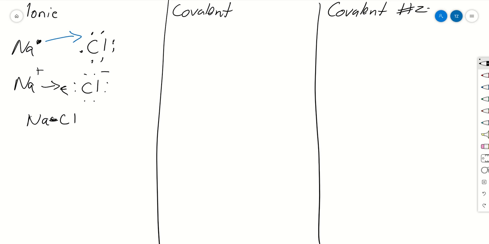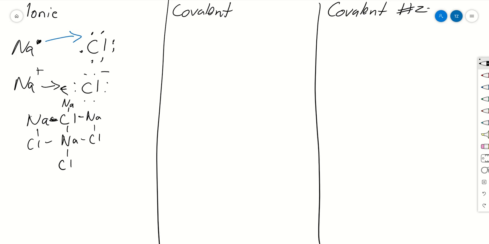But remember, chlorine can attract anything else which is positive. So if you have another sodium somewhere, that one's also going to form a bond there. And then the other sodiums are going to form bonds here. And then that sodium is going to attract anything negative towards it, and that chlorine is going to attract anything positive towards it, and you end up getting the lattice structure forming.